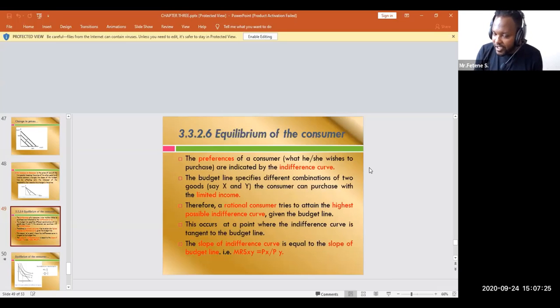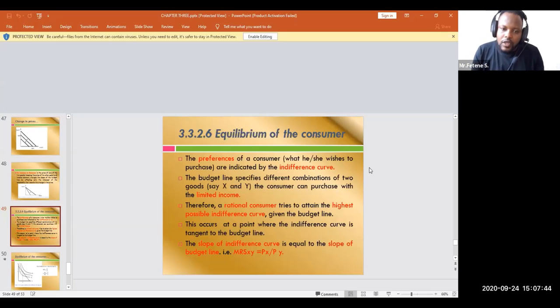As I told you before, the marginal rate of substitution is the slope of the indifference curve, and the ratio of the price of X and Y is the slope of the budget line.